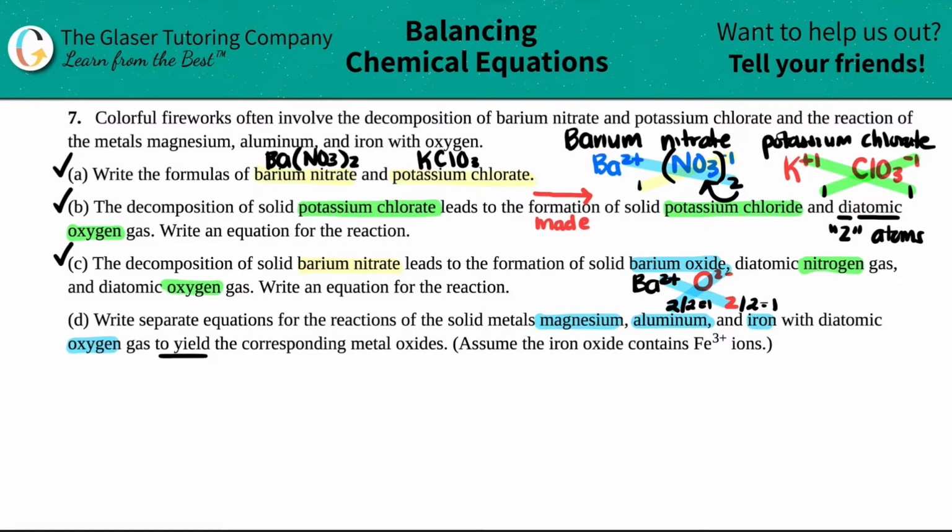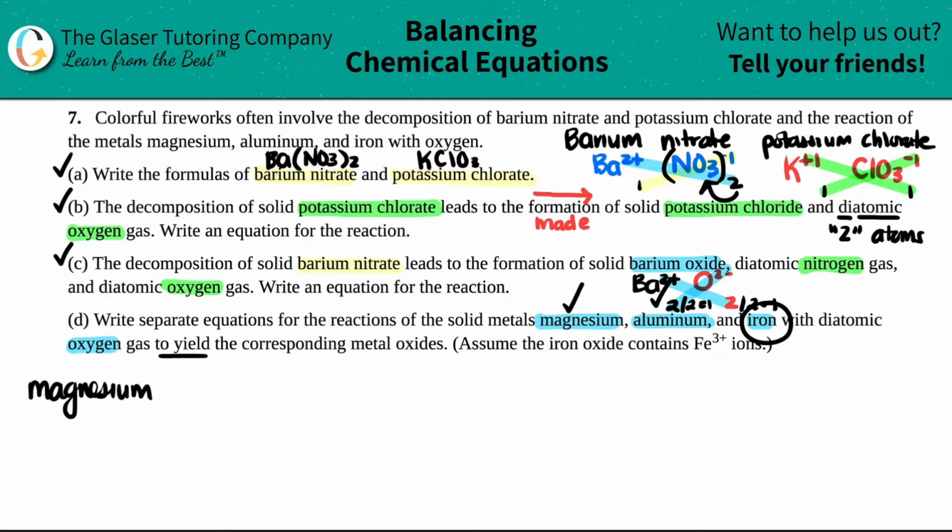So another equation, right? We're taking our solid metals, magnesium plus aluminum. Oh, we need to write separate equations. Okay. So we have to do one metal at a time. We have to do magnesium reacting with oxygen. We have to do aluminum reacting with oxygen.